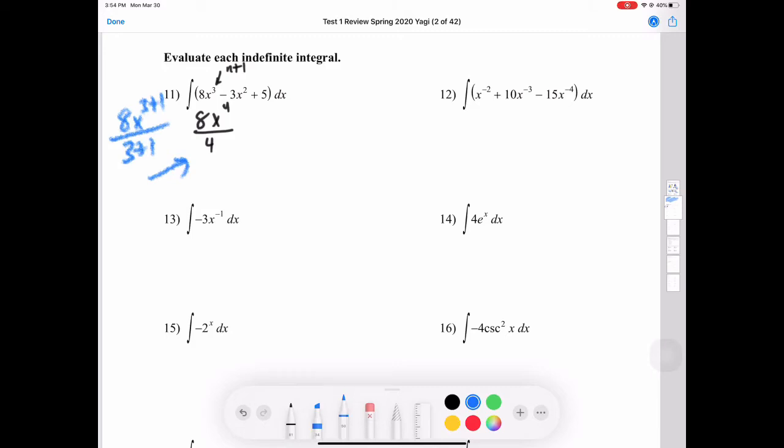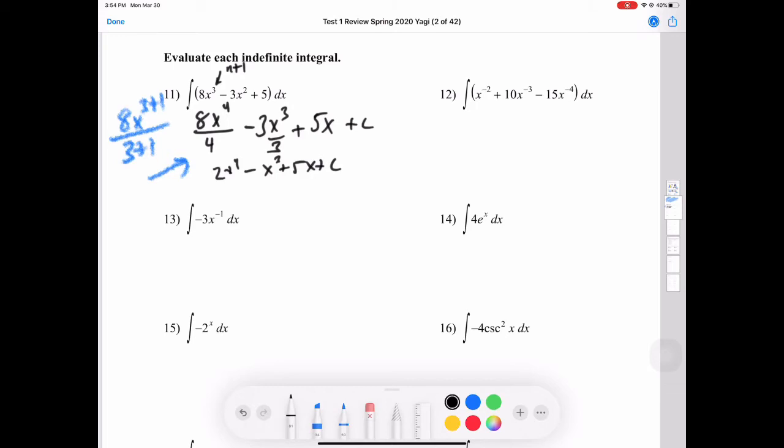Do the same thing for the next one, x squared. 2 plus 1 is 3, and we divide by that same exponent: negative 3x cubed over 3. Write it out and then simplify later. And the integral of 5, a constant, is just 5x plus c. You can reduce this if you want: 8 divided by 4 is 2x to the 4th, 3 divided by 3 is 1x cubed, plus 5x plus c.